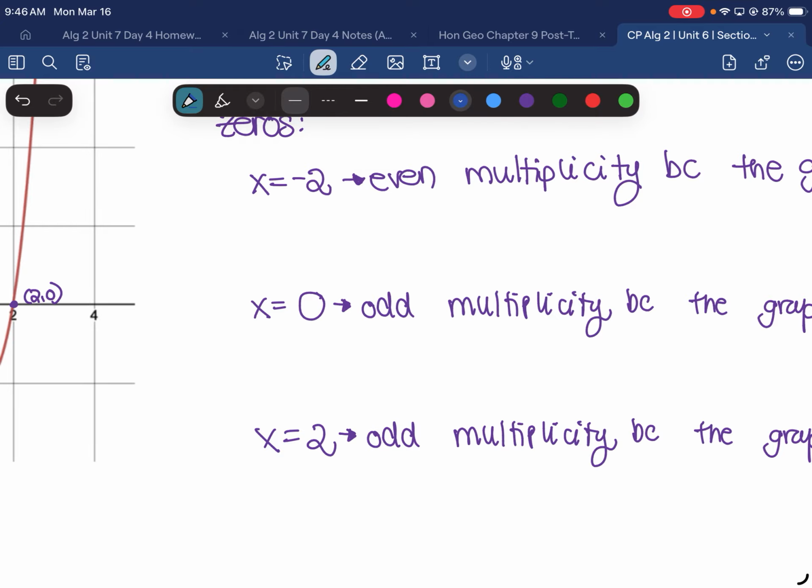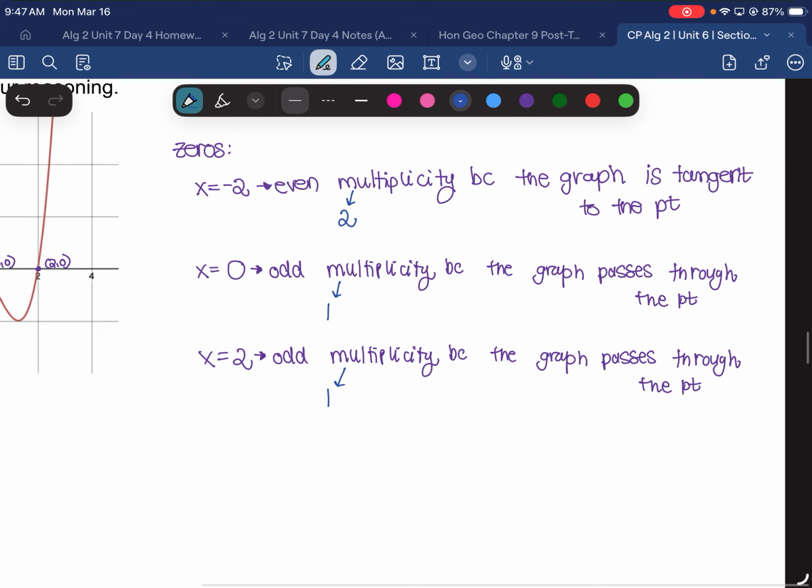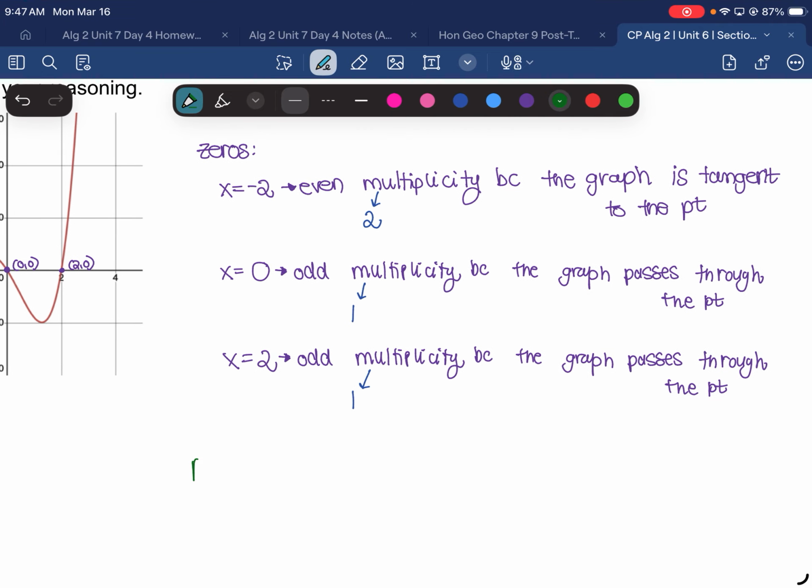But if I'm going to add to 4, because the degree was 4, I want it to be 1. So the multiplicity here is actually 2. The multiplicity here is 1. And then the multiplicity for that one is 1. So that's going to help us. I know this isn't part of the directions, but that's going to help us write a possible equation.